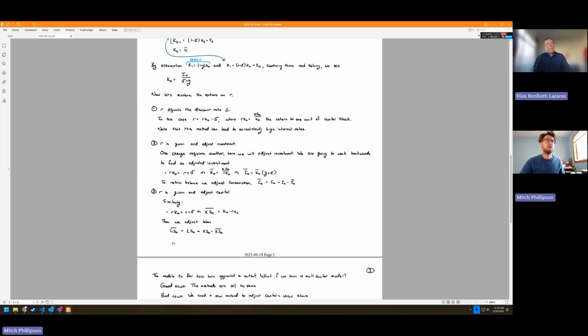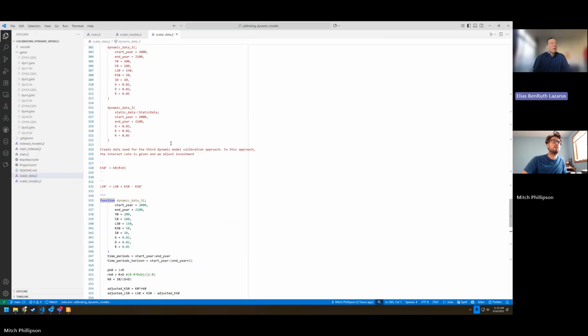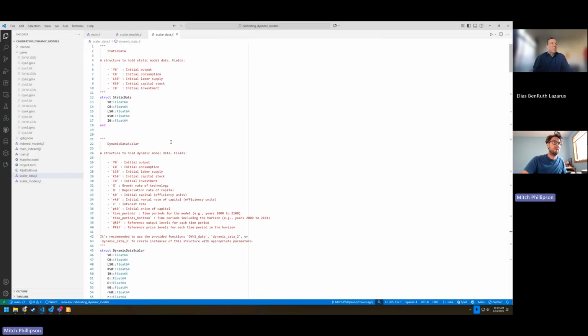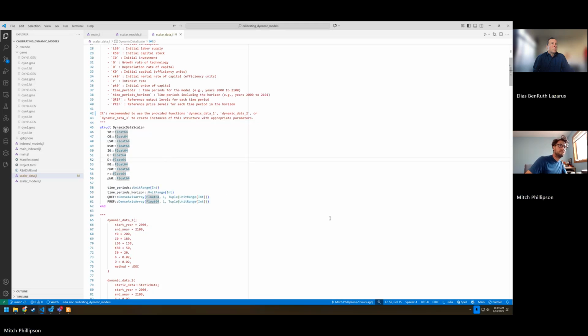So that's exactly what I'm going through, kind of quick, I know, but that's exactly what I do here. You do all 3 cases? Yeah. So I set up a struct. This just has all the data. Dynamic data one. So this has everything that I'm going to need.